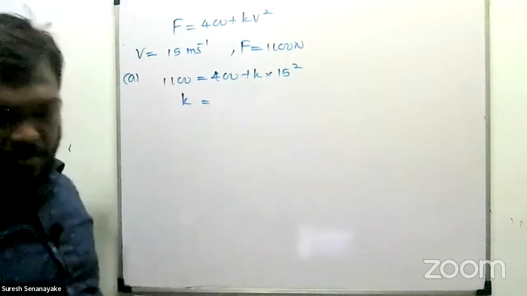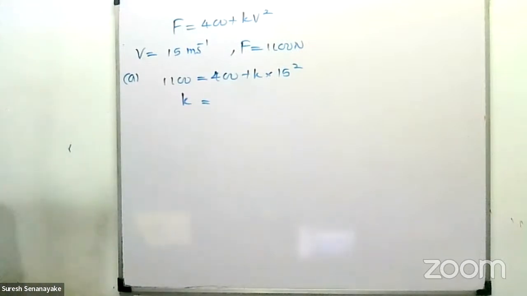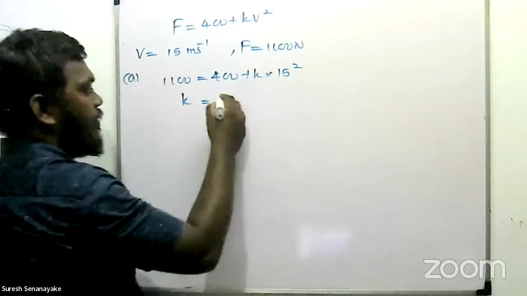What is then k? 1100 minus 400, divided by 15 squared. Okay, this will be 3.1.